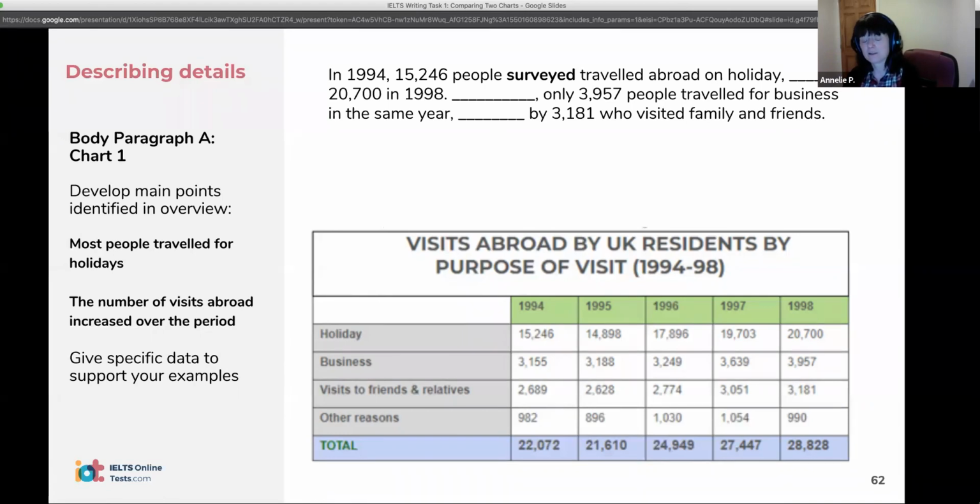Okay, compared to works, what we're looking for here is rising, or increasing. So remember that ing form that you use to add additional information. And again here we've got the two exact figures, 1994 to 1998. We don't need to include all of the in-between figures. We're just giving the beginning and the end. Okay.